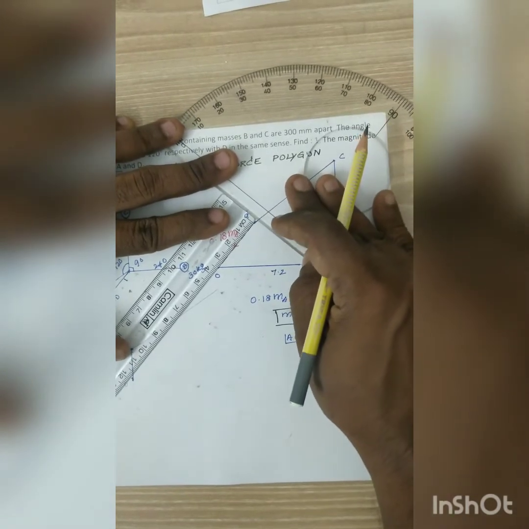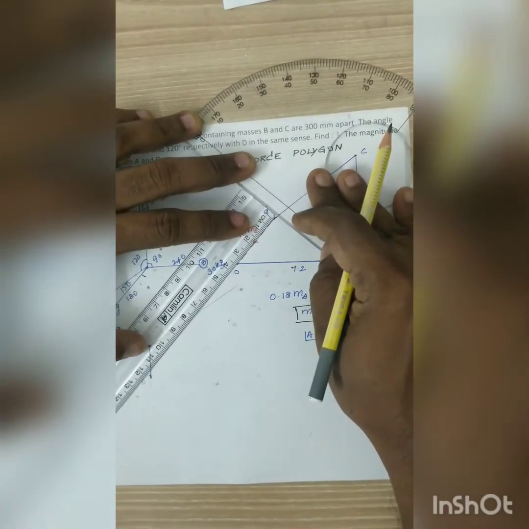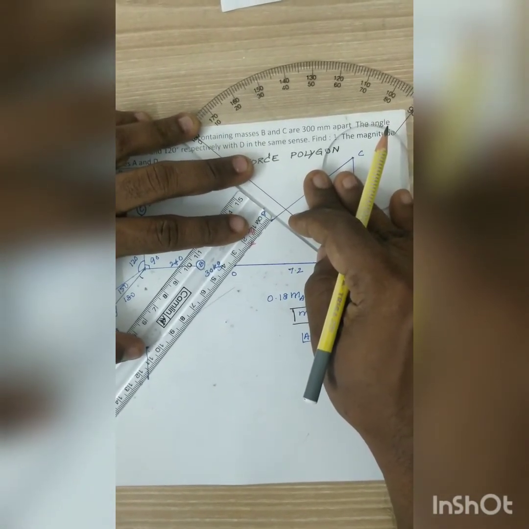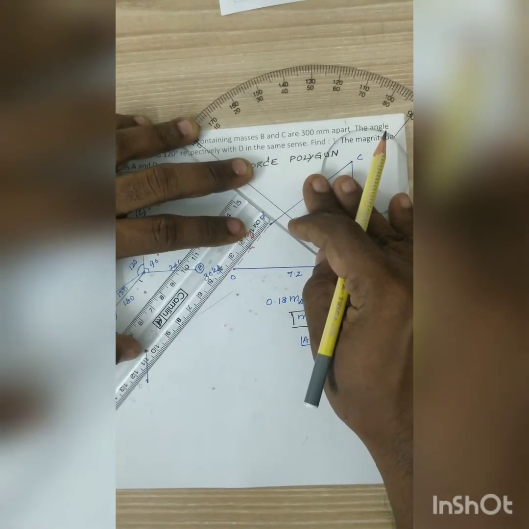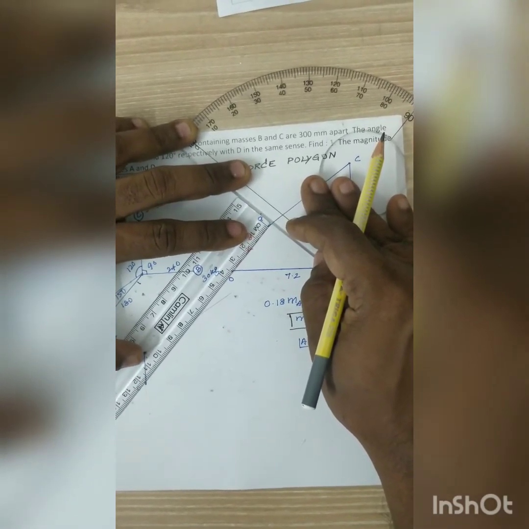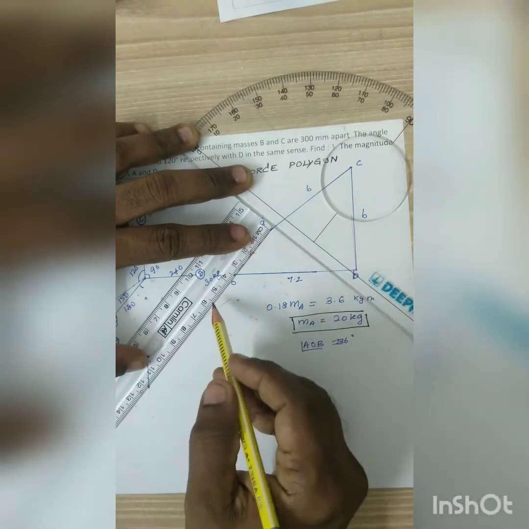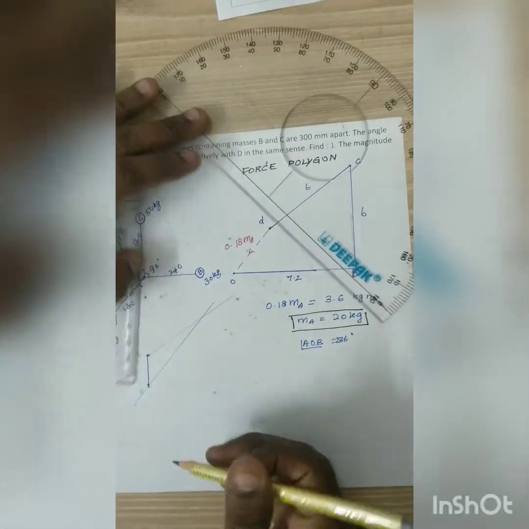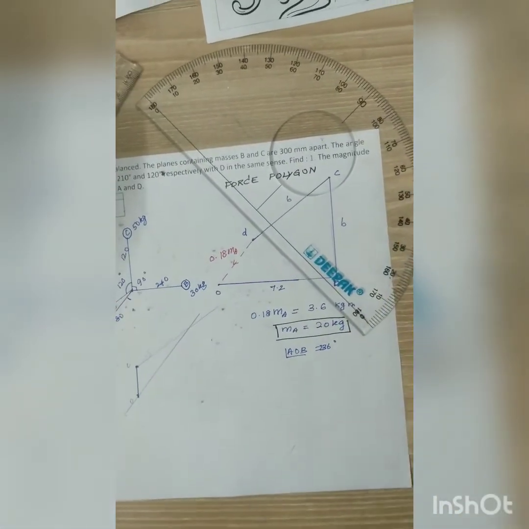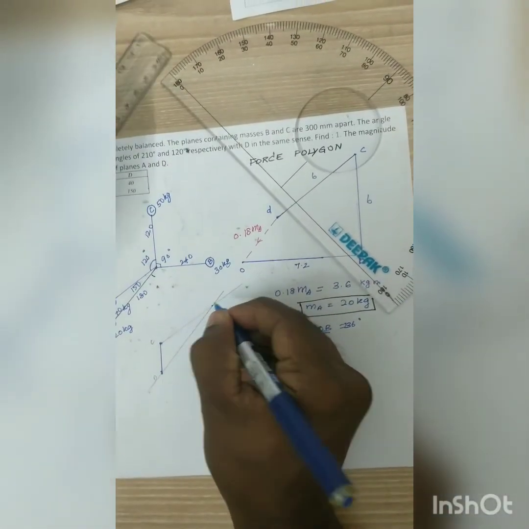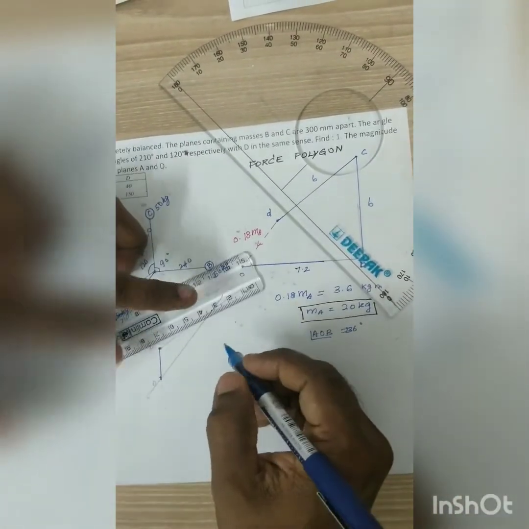If I draw it meeting at a point, take this point and let me connect it.